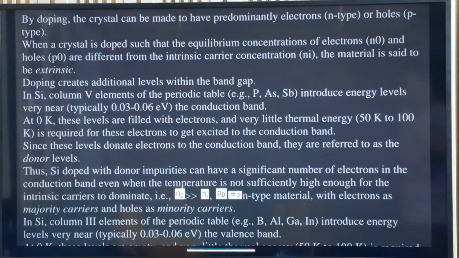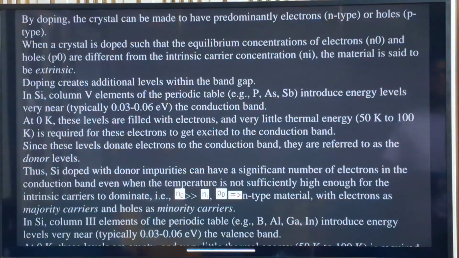So basically even without any thermal excitation, the crystal lattice will by default have electrons in the conduction band or holes in the valence band, without generation of electron hole pairs.